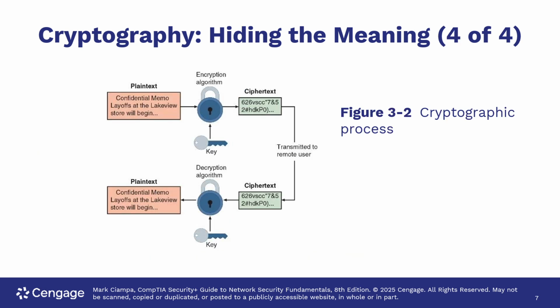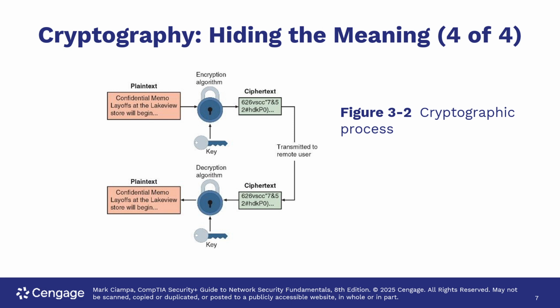So this is what it looks like. It's almost like everything related to computers: some kind of input, processing, and output. Here's an example of a confidential memo. Layoffs at the Lakeview store will begin. We want to have our encryption algorithm with whatever the key is there, and you see it changes into that ciphertext, which is unreadable information.